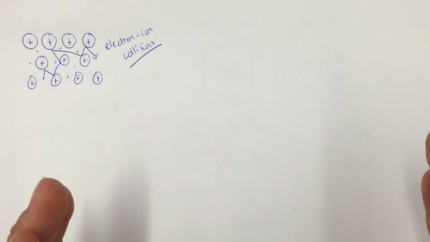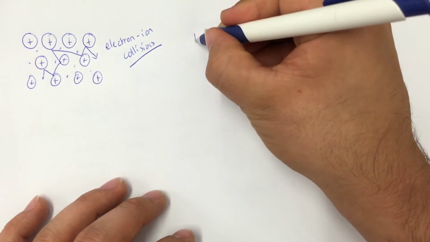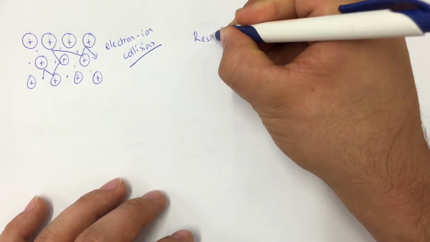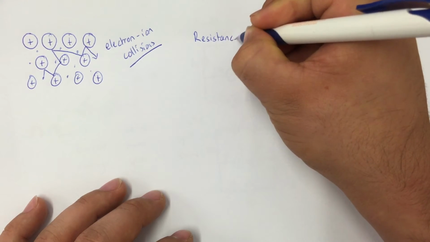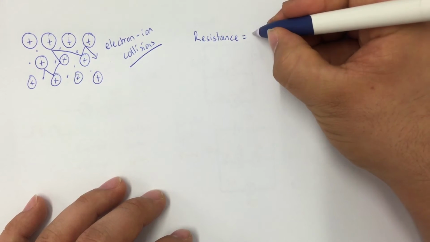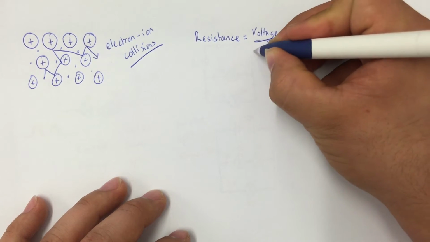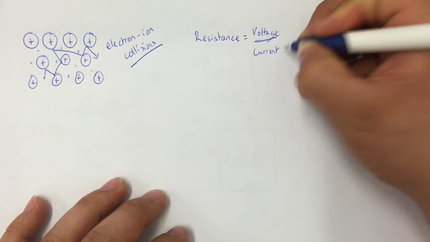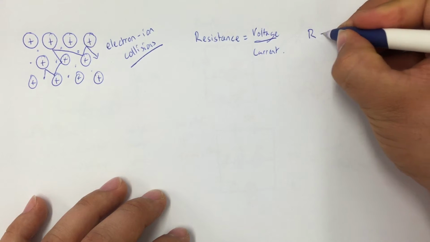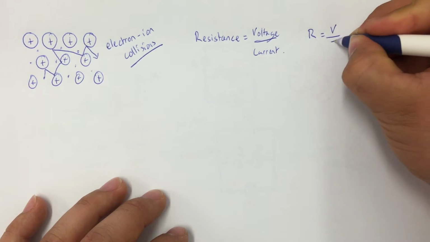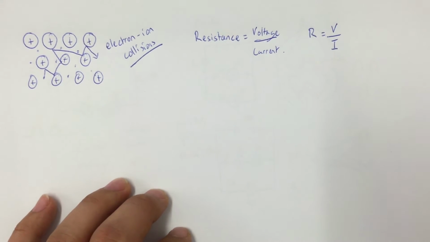So first of all, the equation for resistance that we have is voltage or potential difference divided by current. So in symbols, that's capital R, it's voltage divided by current.